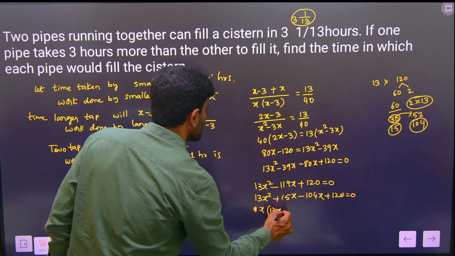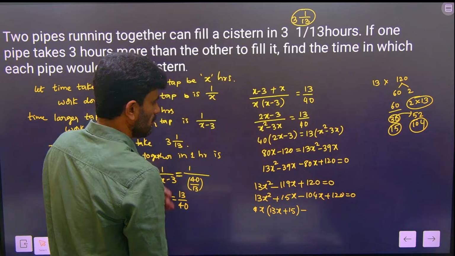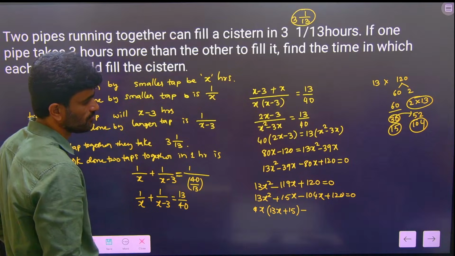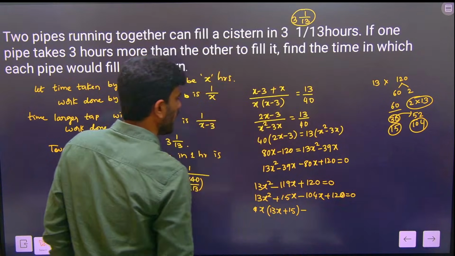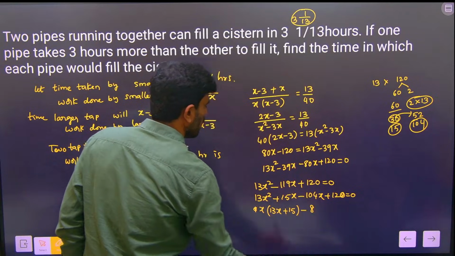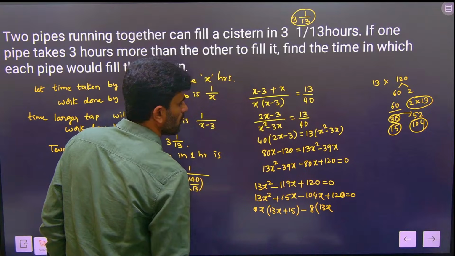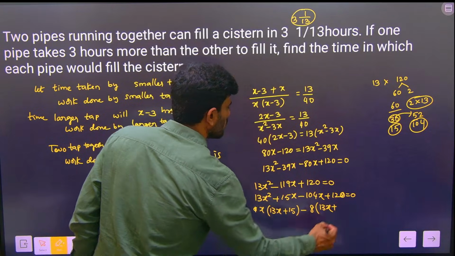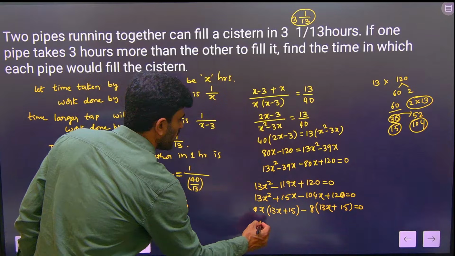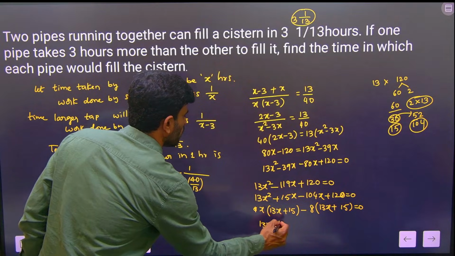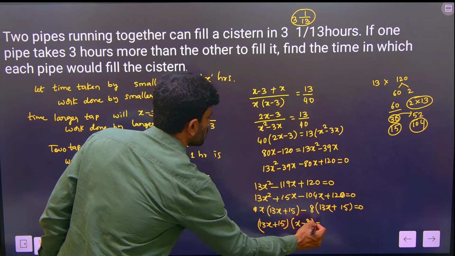We get 13x plus 15, minus 104, this is 120. 8 we can take common. 8 13s are 104, plus 8 15s are 120, is equal to 0. So 13x plus 15 into x minus 8 is equal to 0.